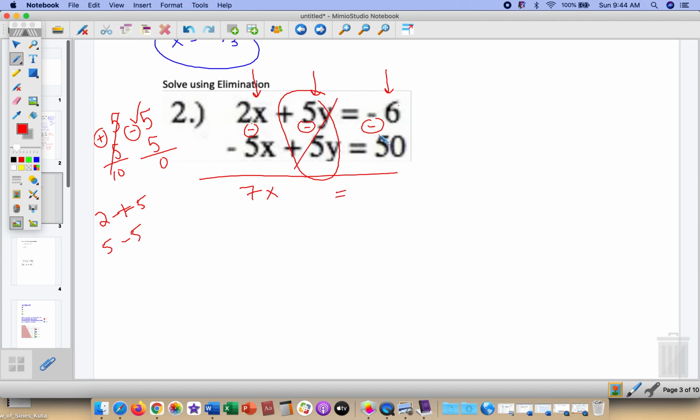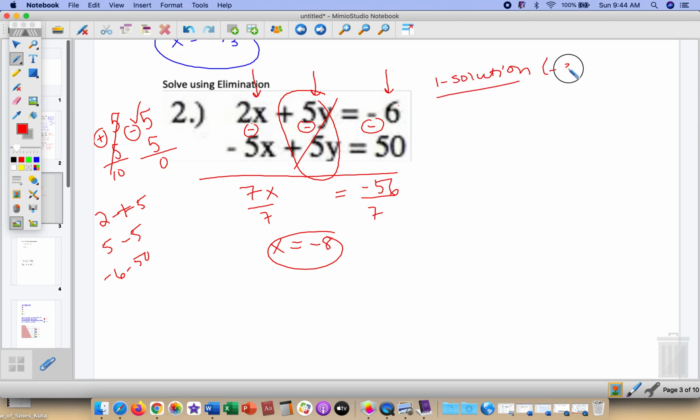And then negative 6 minus 50 gets us negative 56. And then from there, we're going to divide both sides by 7. So negative 56 divided by 7 is going to be negative 8. So we found the x-coordinate. We know there's one solution.